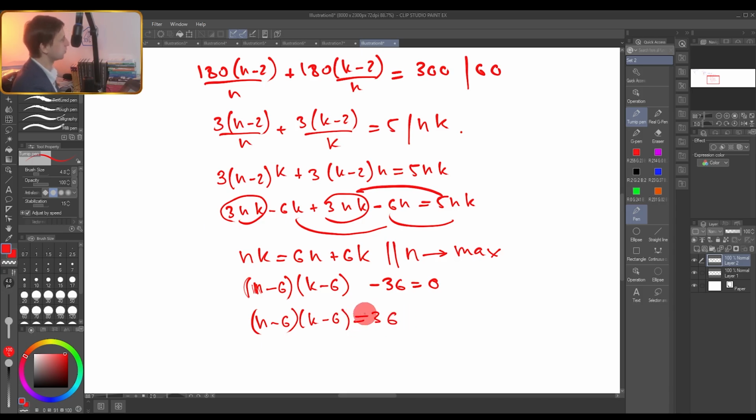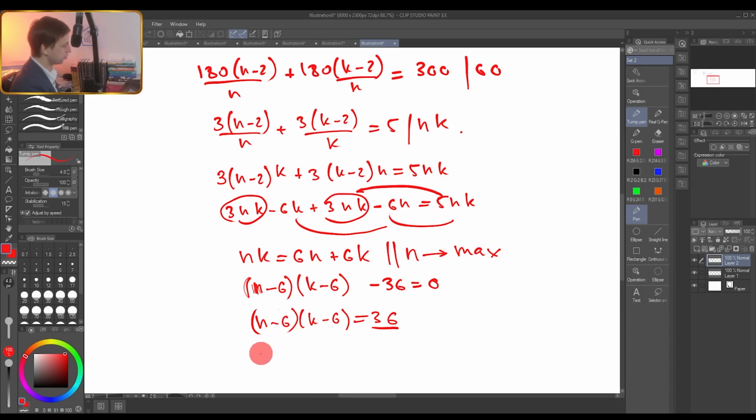And now you can solve it very simply, because this is an integer, this is an integer, and the product of two integers equals 36. Well, you can represent 36 in only so many ways as a product of integers. You immediately know the possibilities for n and k. However, here it's even simpler.